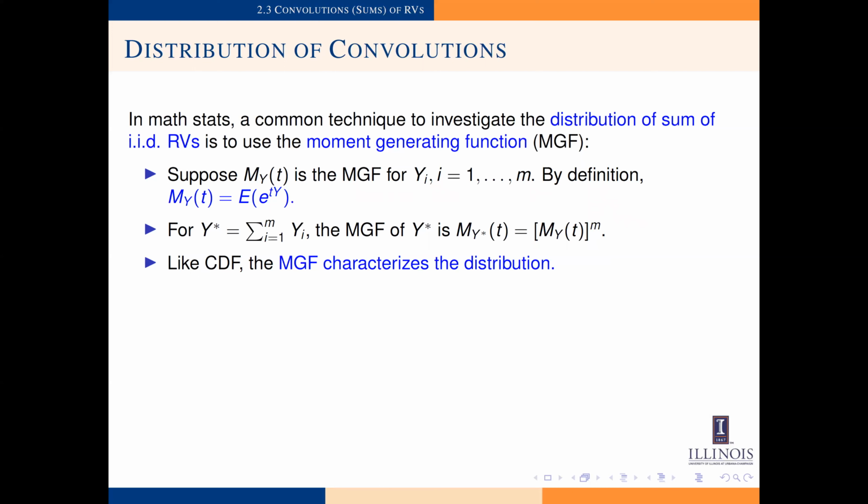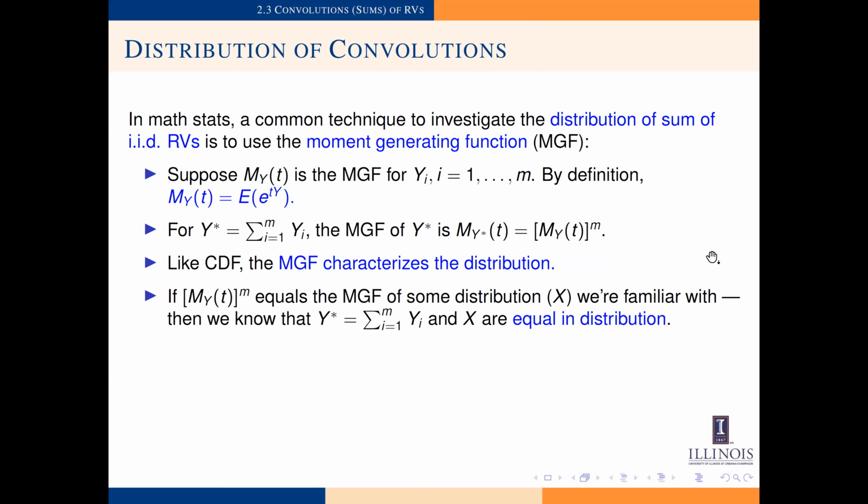We further know that, like the cumulative distribution function, which characterizes the distribution, the moment generating function also characterizes the distribution. What this means is that if two random variables have the same moment generating function, then they have the same distribution.